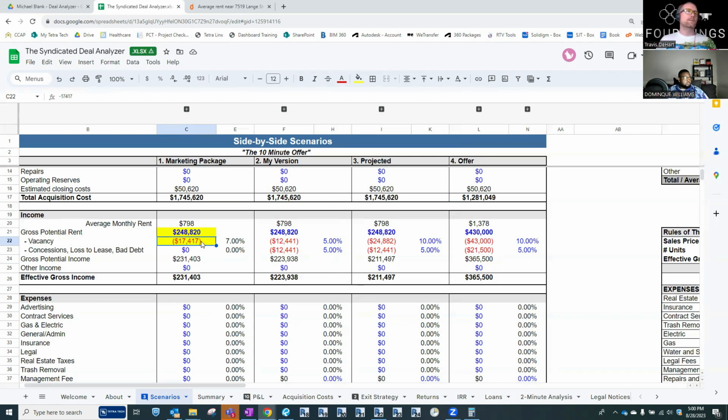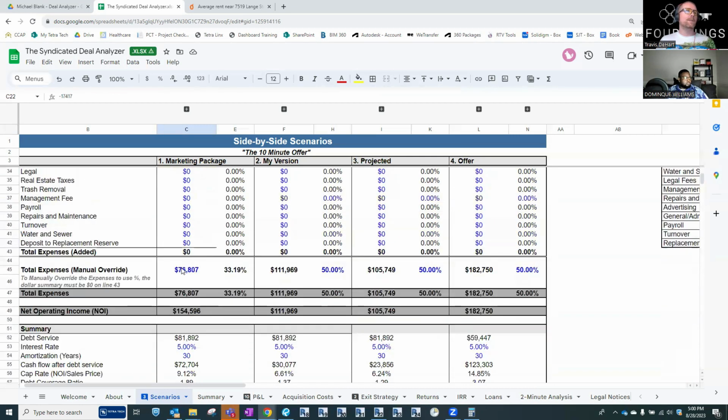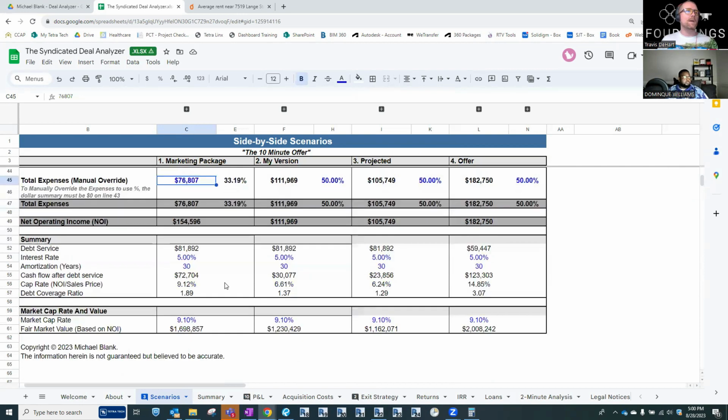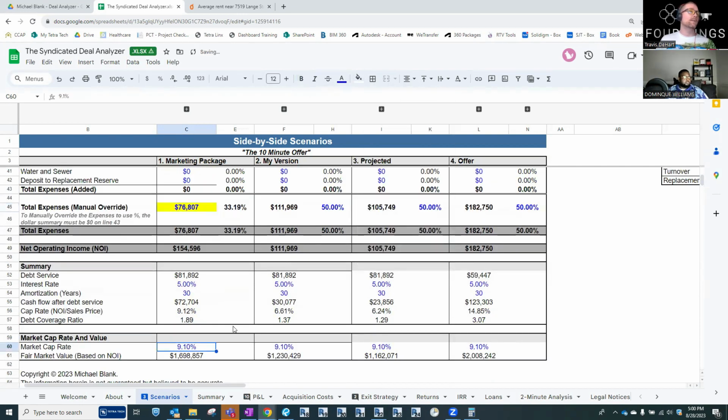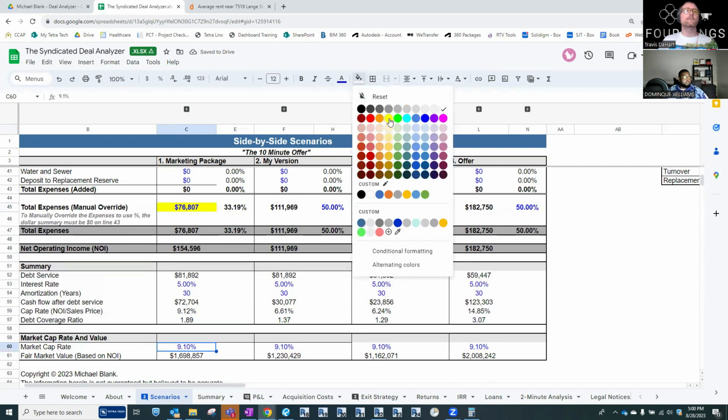And so we plugged in the vacancy, and then we came down here to the total expenses and plugged that in. And that's where we saw that this percentage is lower by a significant amount from the 50% rule of thumb. Let me go ahead and highlight that. And then we entered in the market cap rate.